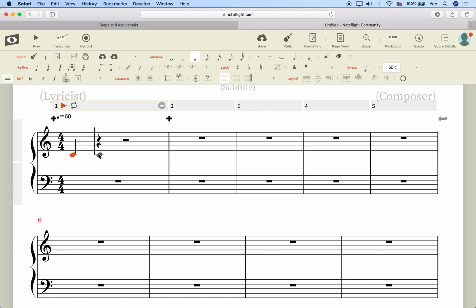If we write C and we want to make it a half step higher, we're going to make it sharp, and I'm going to write a sharp next to that, and then the next note would be a D natural, and now I'm going to write D, but a half step higher than D natural is D sharp.